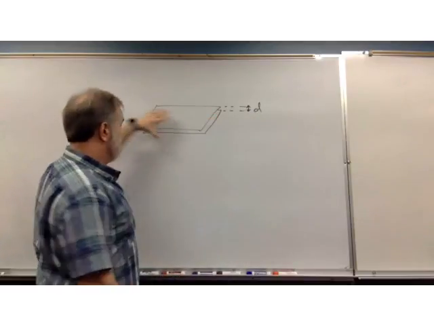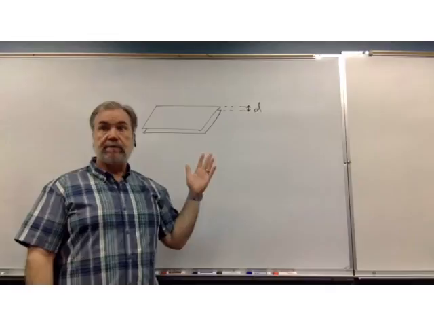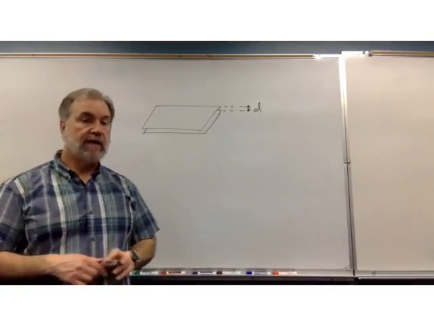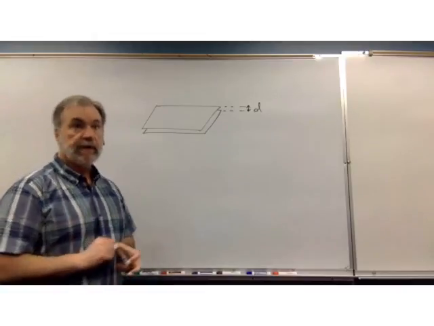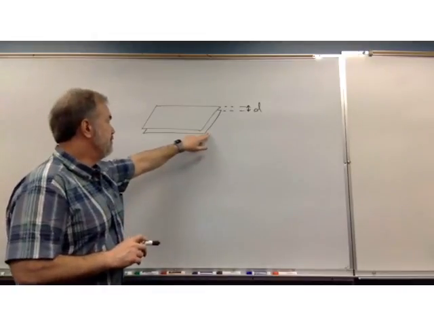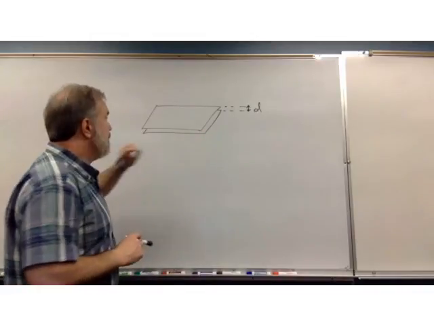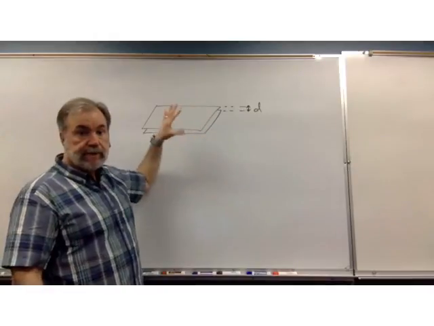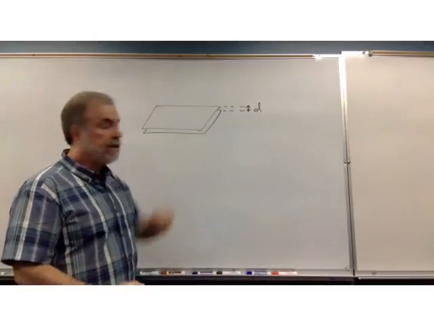So whatever is between the two plates, sometimes it's air, usually it's some sort of plastic or wax kind of insulator for reasons that I'll explain in another lecture. Don't worry about why the insulator is there for now. But anyway, it's important that the distance between the two plates be small compared to the dimensions of the plate.